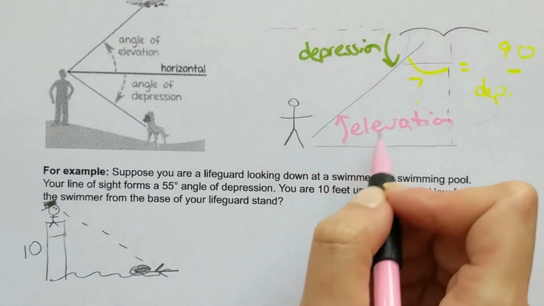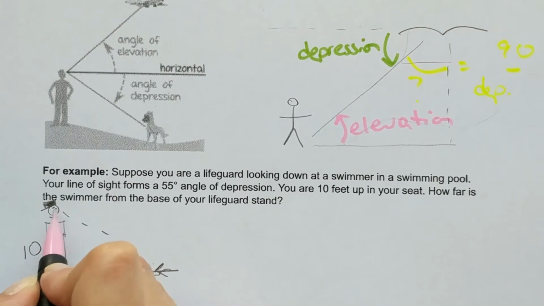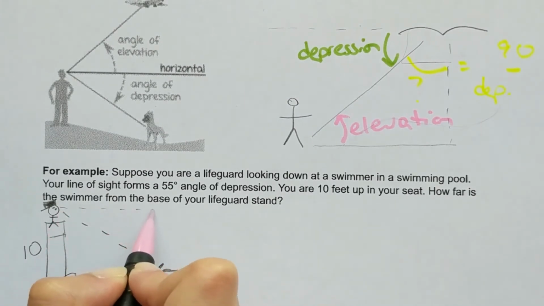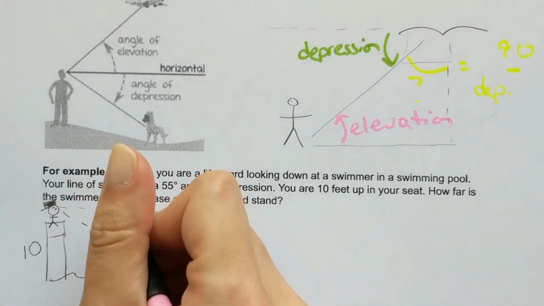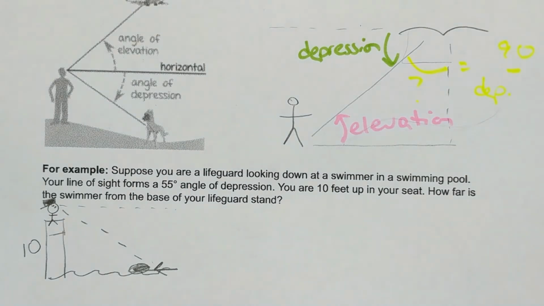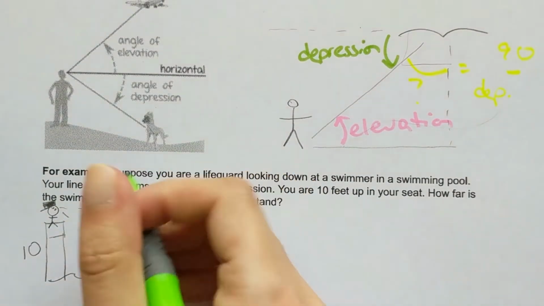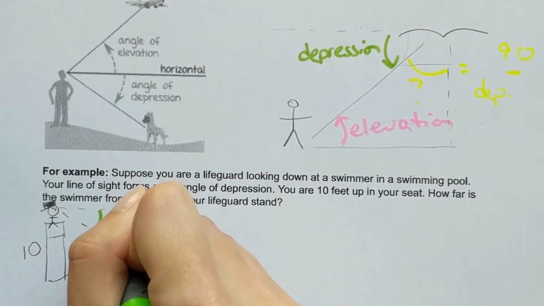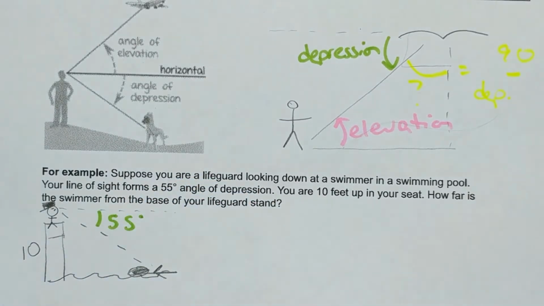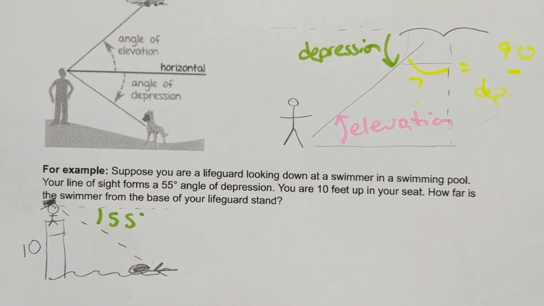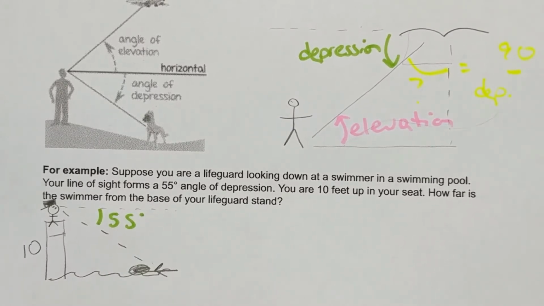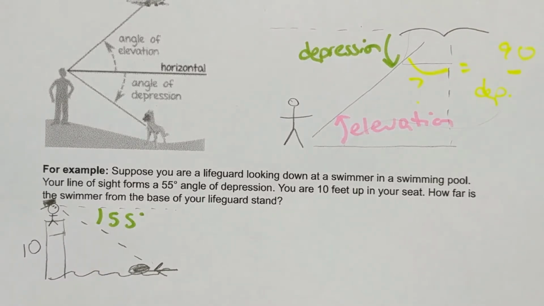Now, just like in this diagram here, the depression, remember, if I was looking straight out and then looking down, the looking down part would come here at 55 degrees. But 55 degrees is useless to me because it is outside of my triangle. I need to figure out what the distance is, or what the angle is inside my triangle.